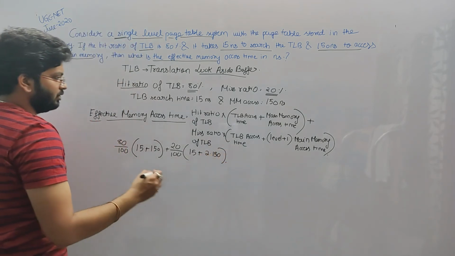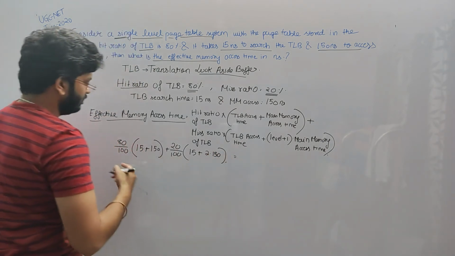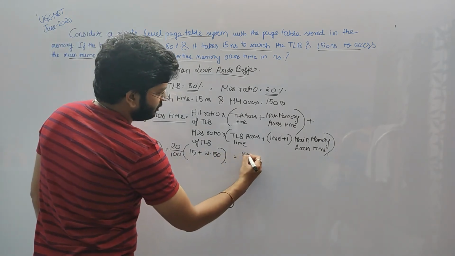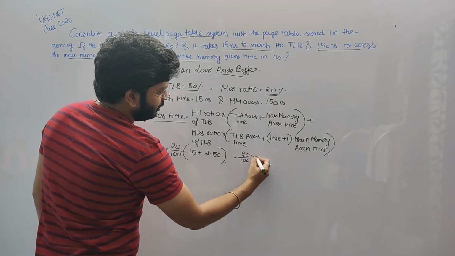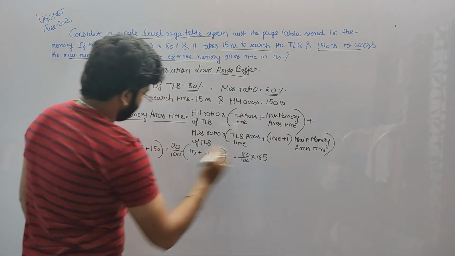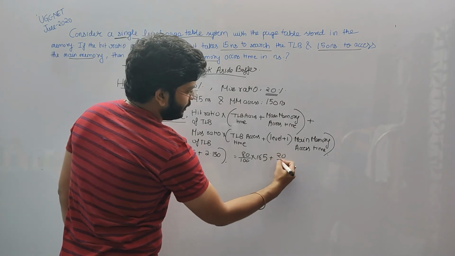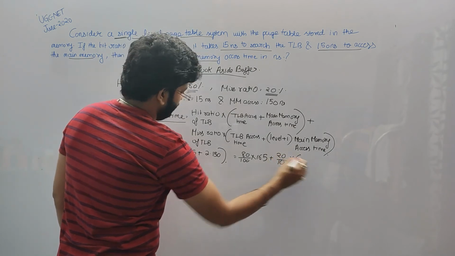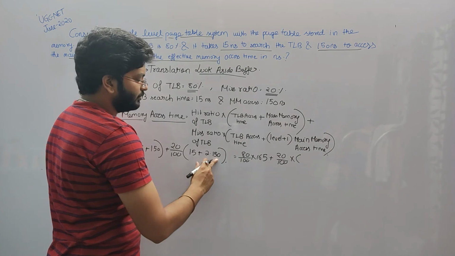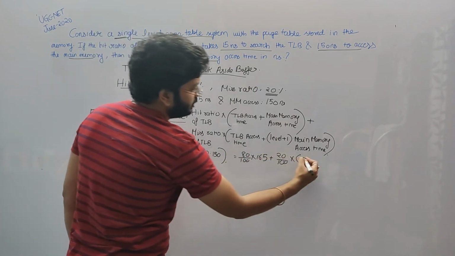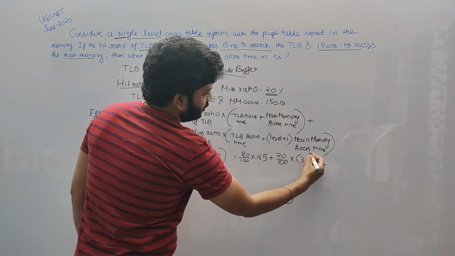Now if we are solving it, it is 80 by 100 into 165, this is 150 and 15, 165, plus 20 by 100 into, 150 twos are 300 plus 15, 315.